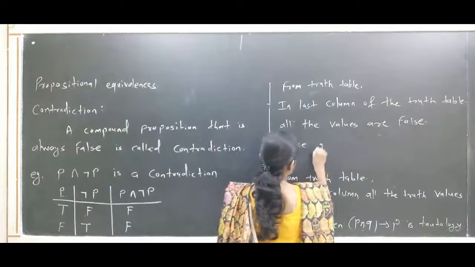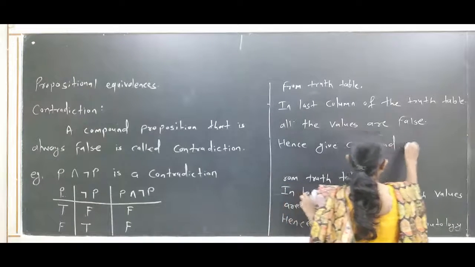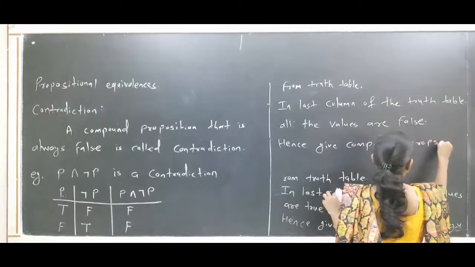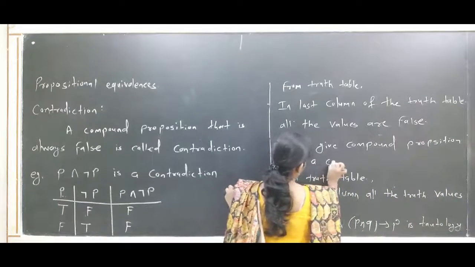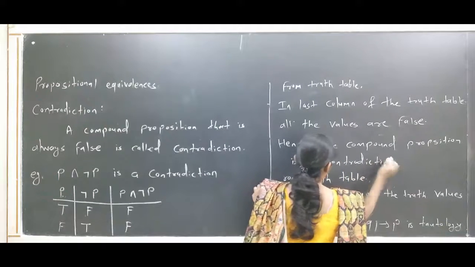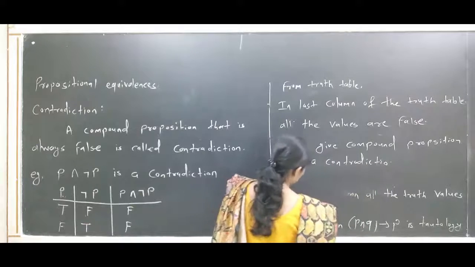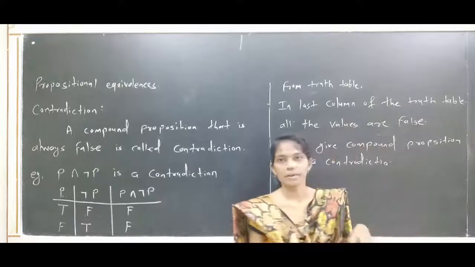Hence the given compound proposition is a contradiction. Okay, so in the last column all the truth values are false, hence this is called a contradiction.